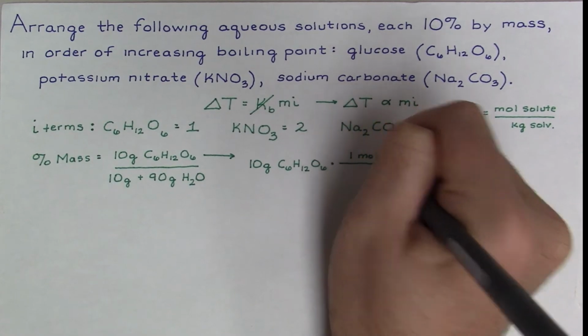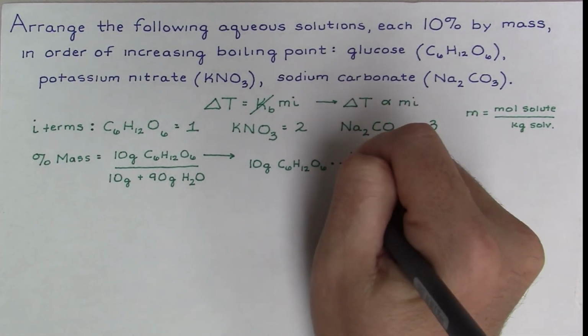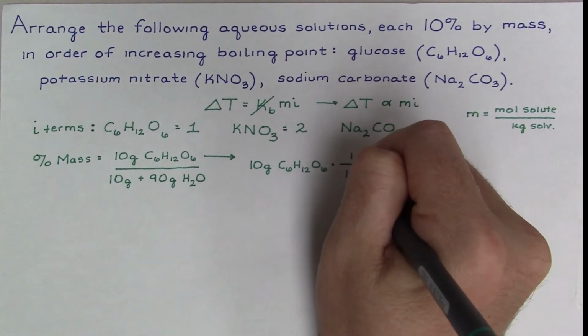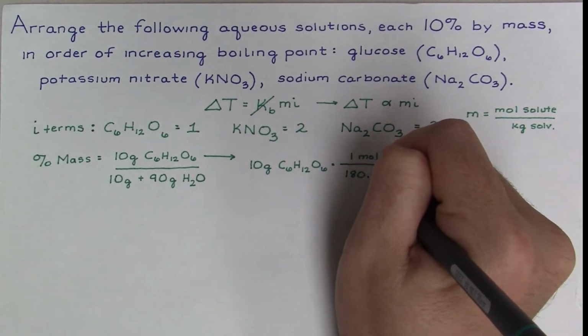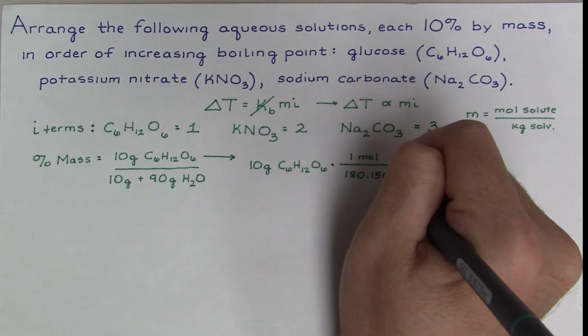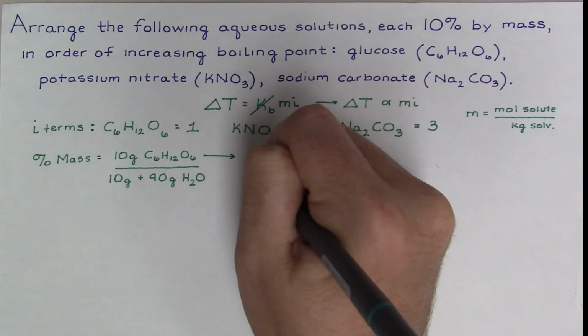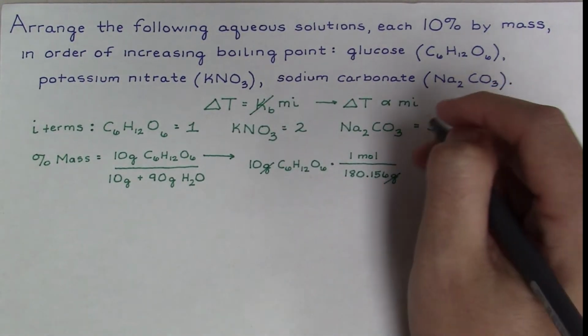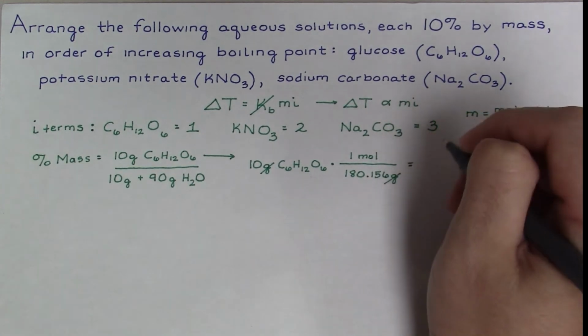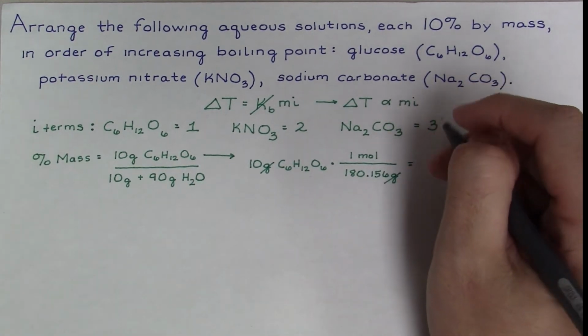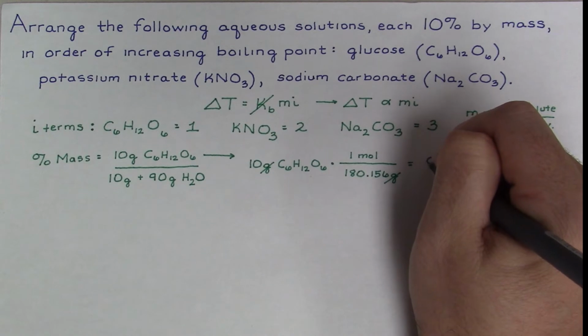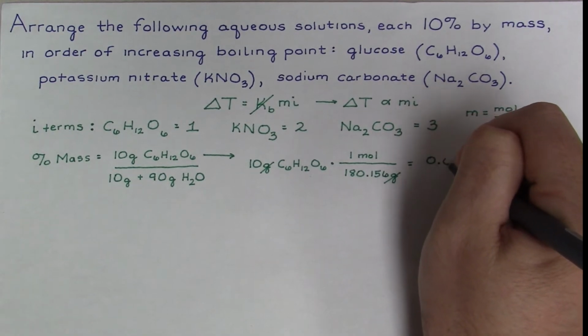So we can say 1 mole over 180.156 grams. The grams and grams will cancel, and we will be left with 0.0555 moles of our sugar.